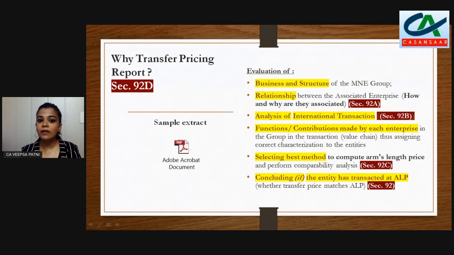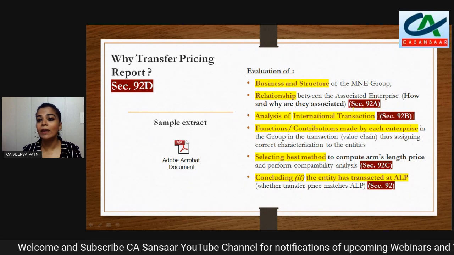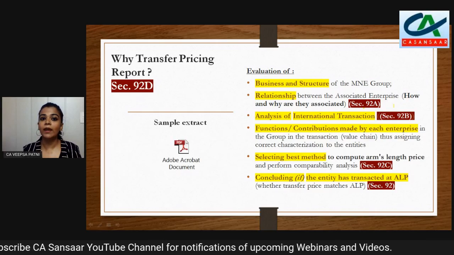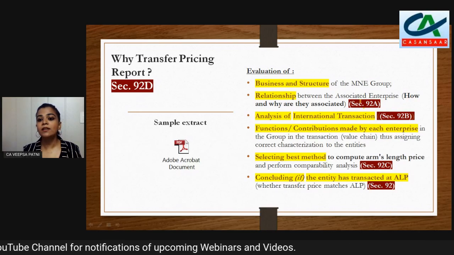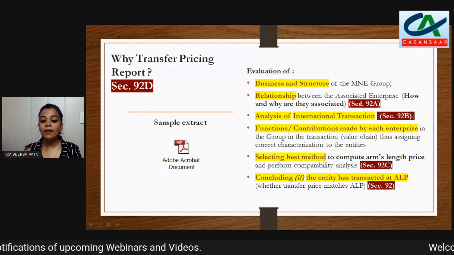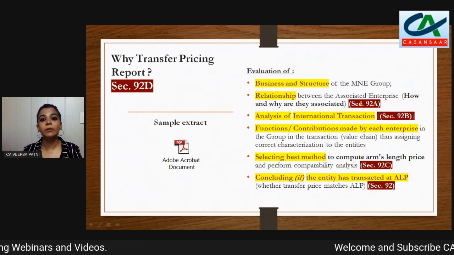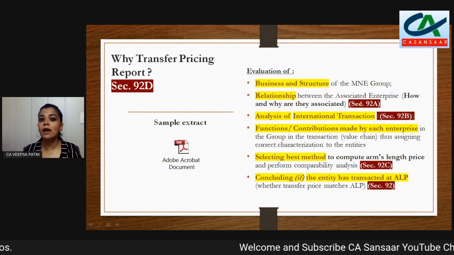Then it talks about the relationship. It talks about why those two entities, or three or four entities, are actually related, and how we evaluate and come to a conclusion, what parameters we see to conclude that these two enterprises are associated, is whatever is given in section 92A. So that is how section 92A comes into the picture. Section 92A tells us why and when two entities will be concluded to be called associated.